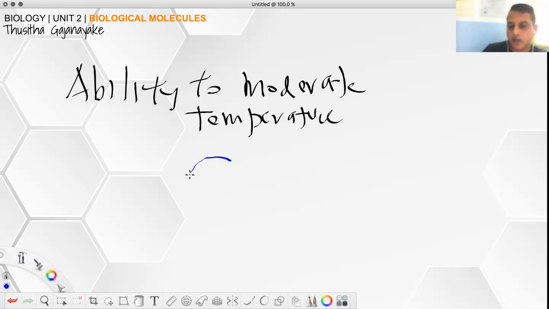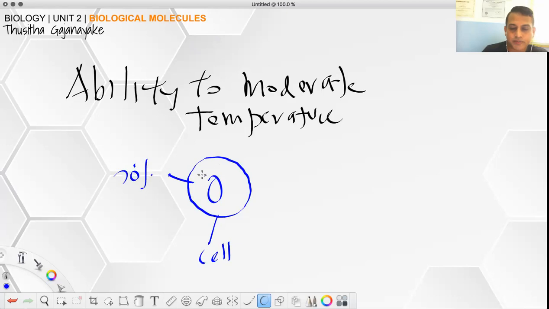Assume this is a water body, a collection of water molecules, and a cell is also made out of water molecules. Let's say this is a cell, and the cell has 70% water.